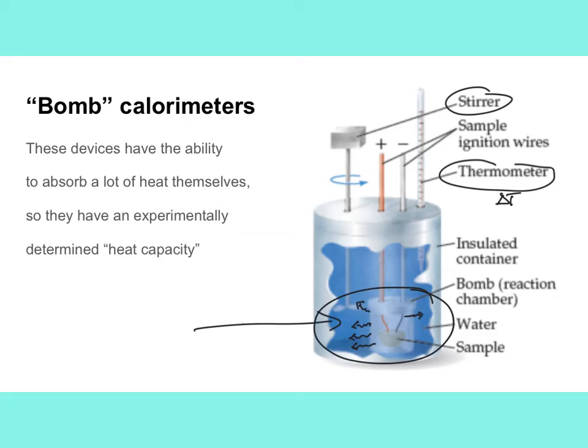All right, the device itself, the water, the stirrer, the compartment inside, all of this contributes to absorbing the energy. And so instead of using the Q equals MC delta T equation, okay, we just simply use the heat capacity of the calorimeter, which is joules per Kelvin, multiplied by the delta T. And that gives the joules generally released in the combustion.